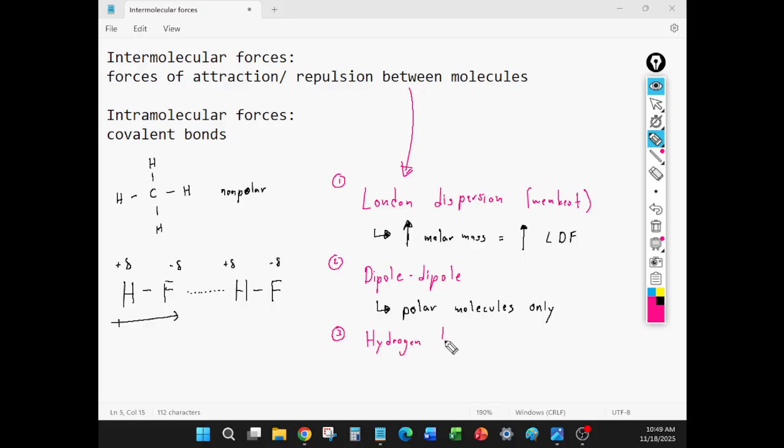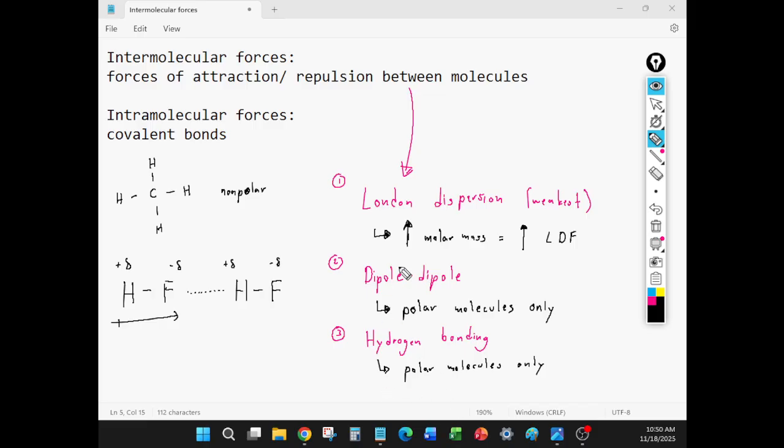Okay, and hydrogen bonding is like a super version of dipole-dipole. Okay, it is only experienced by polar molecules. However, it is a very specific type of dipole-dipole.